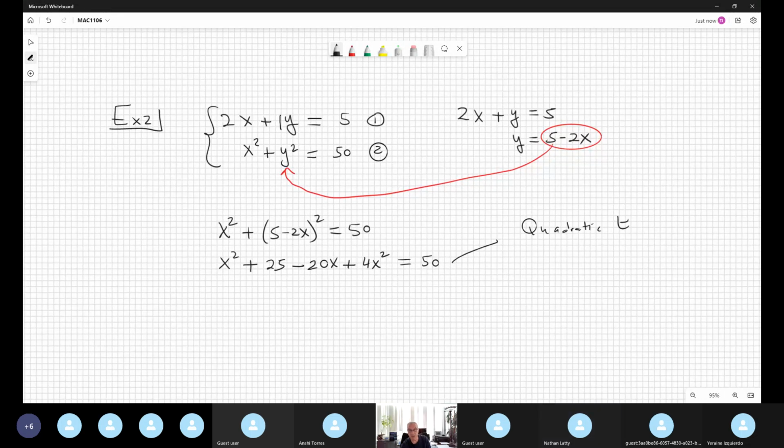Quadratic. Exactly. How do you know, mister? Quadratic is cool, not linear. What is the indicator? Okay, I know that this equation is a quadratic equation.